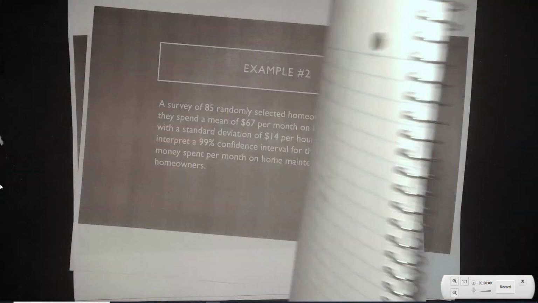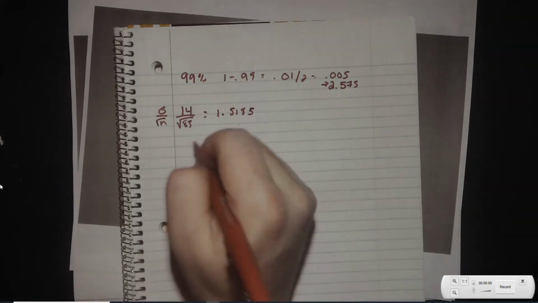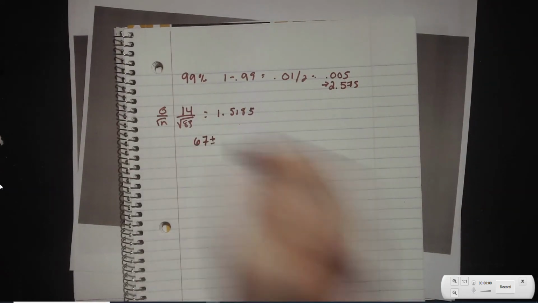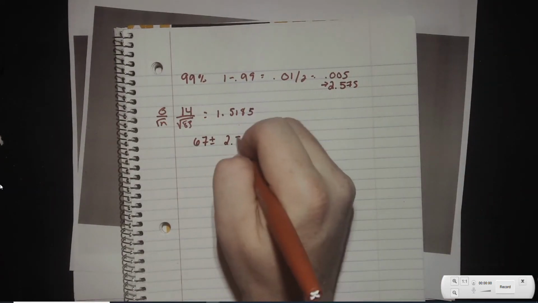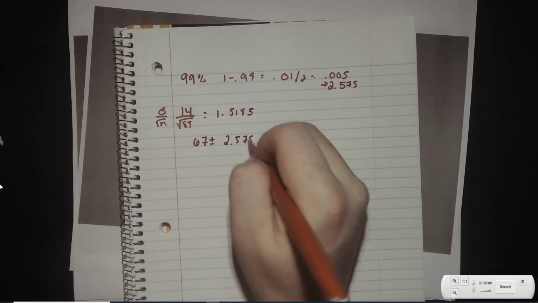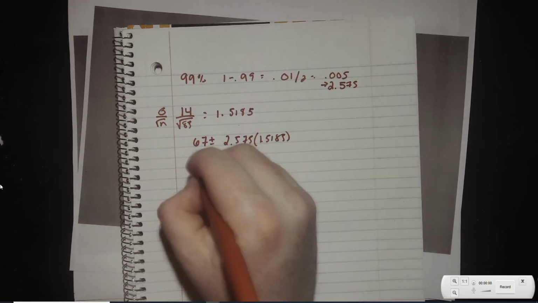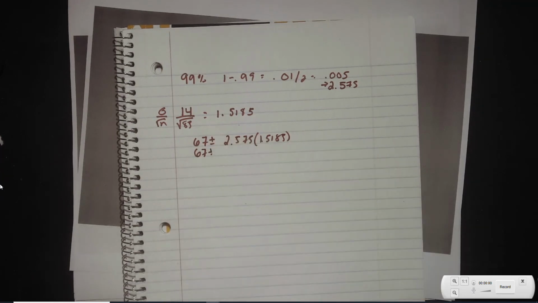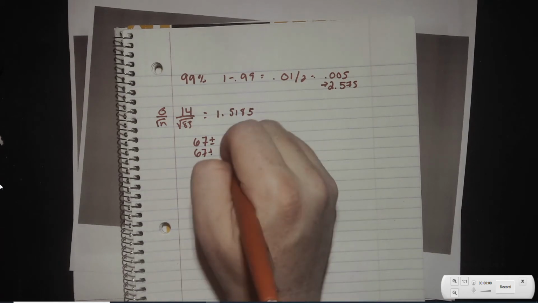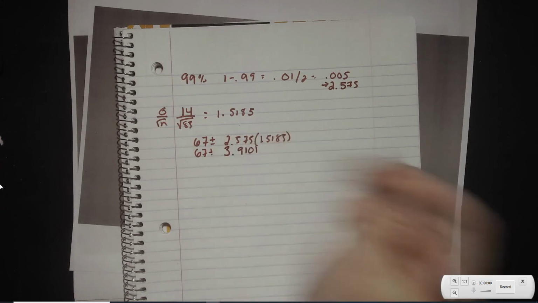Okay, so now I want to do, let's see, 67 plus or minus 2.575 times 1.5185. So let's see, if I multiply that together, that gives me 3.9101.